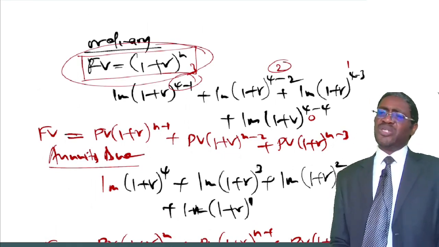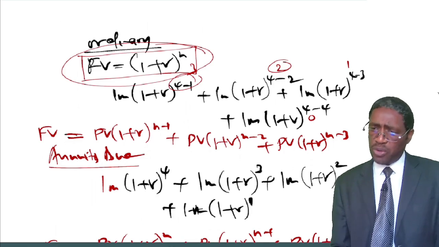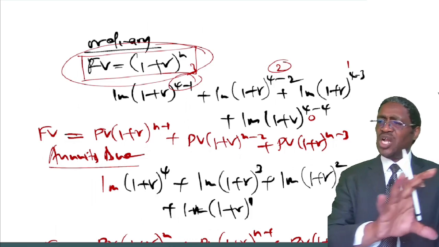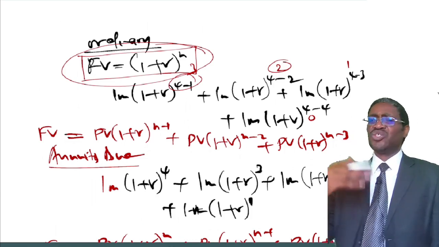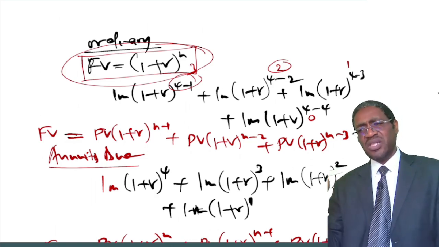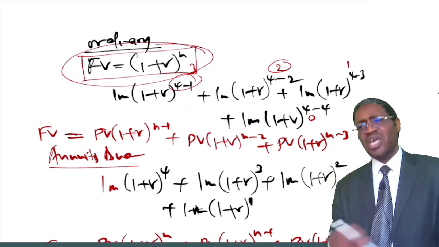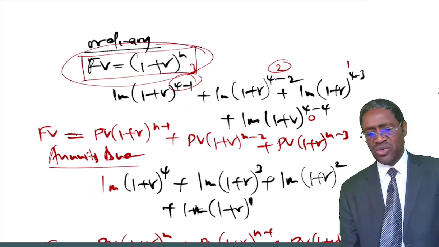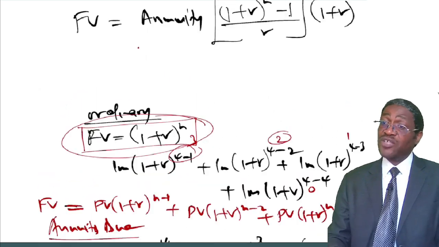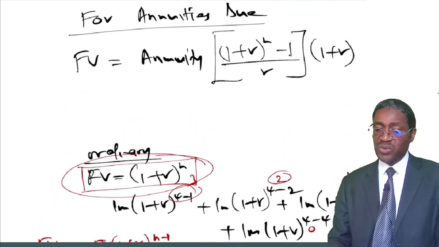The only problem is if the examiner gives you a long period of investment, 20 years, 30 years. You can't keep repeating these calculations every year using the future value formula. So you have just to remember the formula for annuity. And that's what we are now saying.